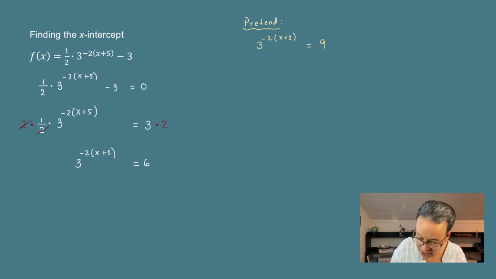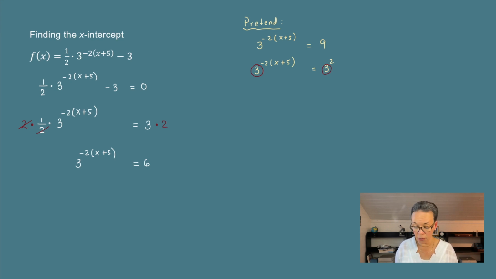See, 9 is nice because I can write 9 as 3 squared. And then on the left, I have 3 to the -2, x plus 5. And this is the nice thing: if I had 9, now I would have the same base on the left and on the right side of the equation.